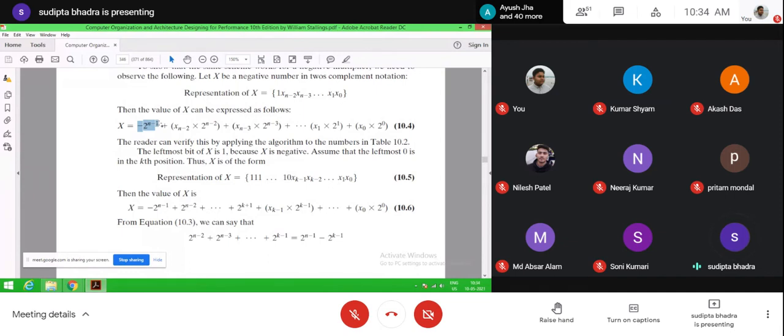Okay, minus 2 to the power n minus 1. That is, MSB 1 means that the number is negative. That means the term value at that particular position will be minus 2 to the power n minus 1. Now that can be represented in this form.